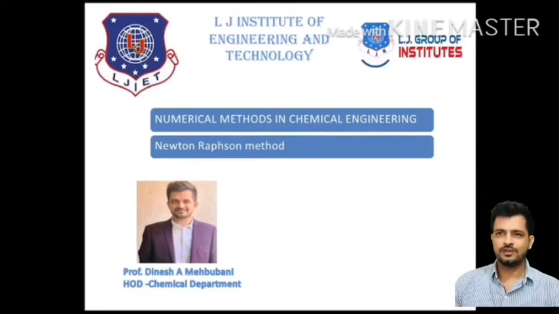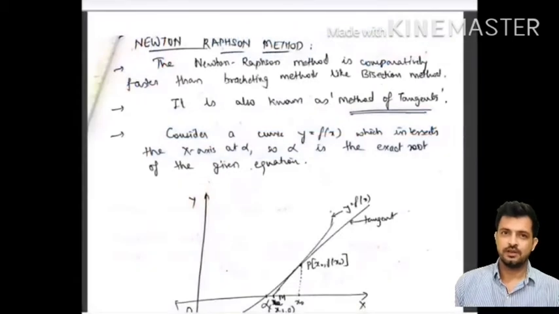Out of all the methods, the Newton-Raphson method is faster, because its convergence is much higher compared to all other methods. It is also known as the method of tangents. Why it is known as the method of tangents, we will see graphically.